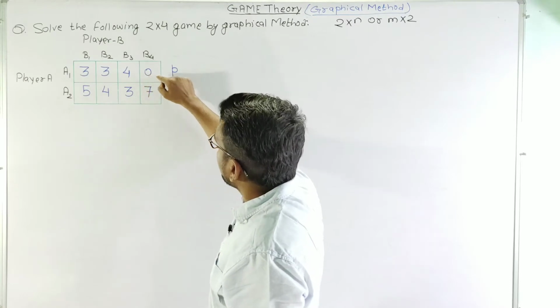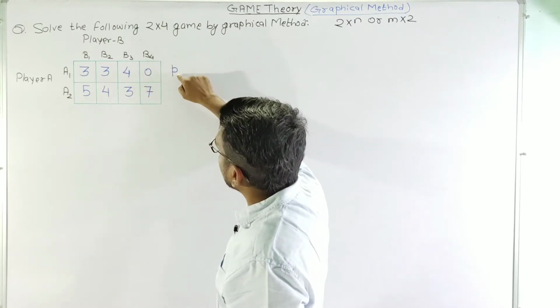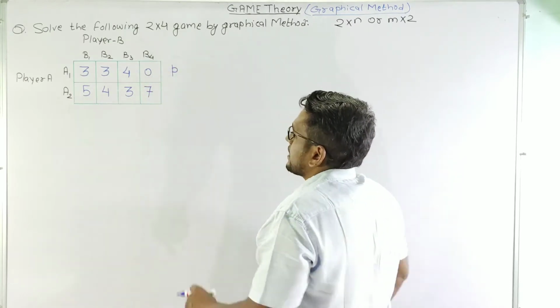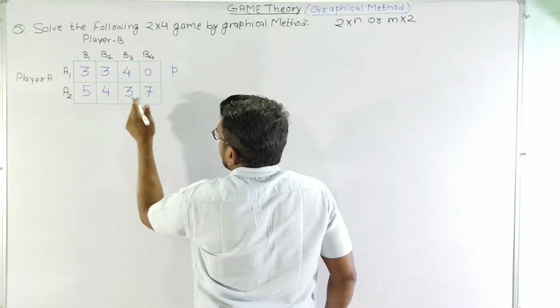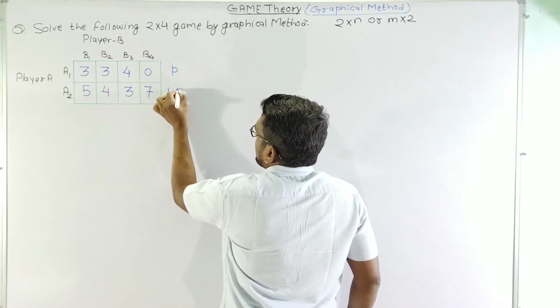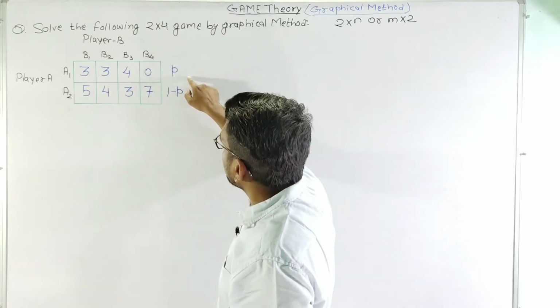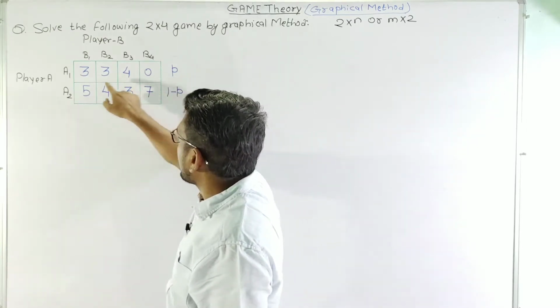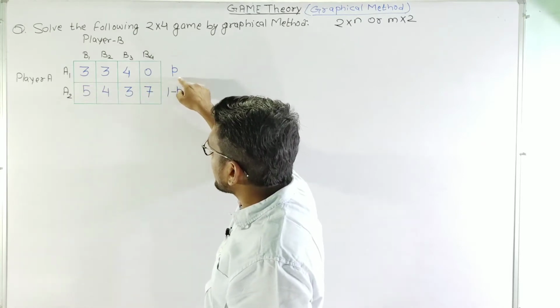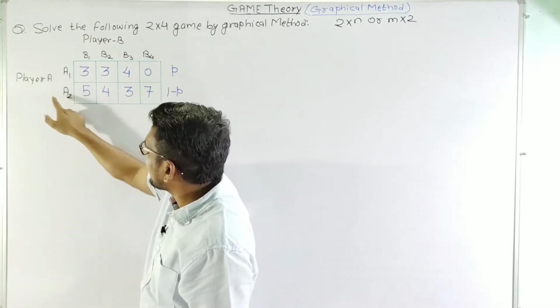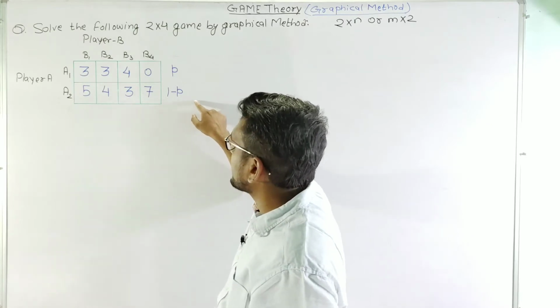So if player A plays strategy A1 P of the time, then he will play strategy A2 1 minus P of the time. So the probability of playing A1 is P, whereas the probability of playing A2 is 1 minus P.